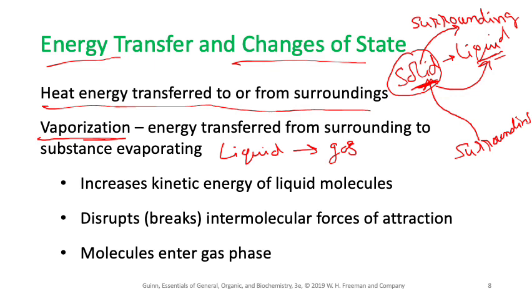That means some energy has to be provided by the surrounding to the liquid so that they can break up the intermolecular forces present in the liquid, right? And the atoms can get free and convert into a gas phase. So an energy has to be transferred from the surrounding to the substance that is being evaporated, right? So what happens during this energy transfer?